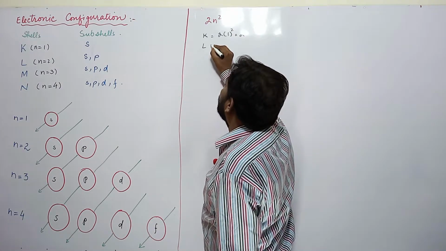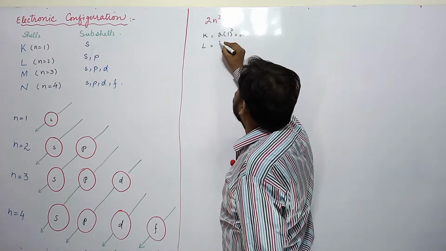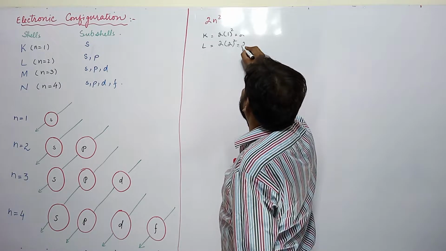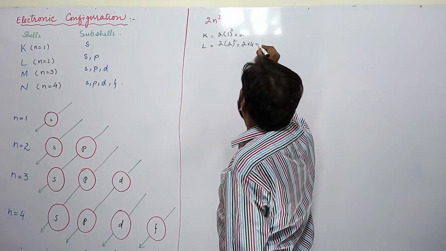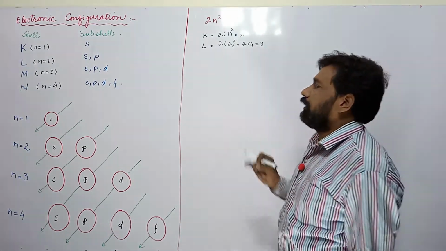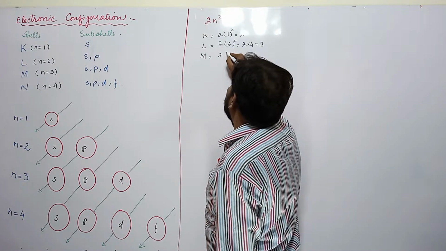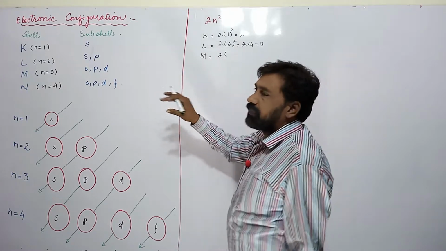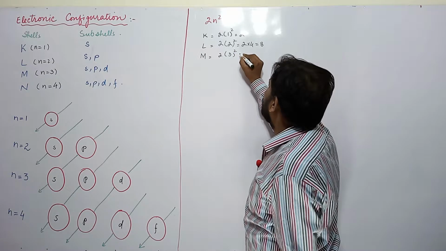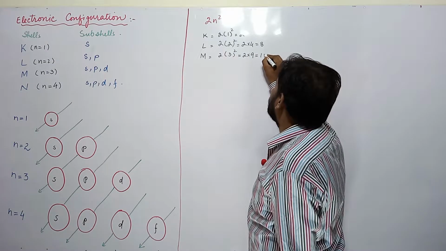In case of L, n is equal to 2. So 2 into 2 square is equal to 2 into 4 is equal to 8. Maximum 8 electrons can be accommodated in L shell. In case of M shell, we know that for M, n is equal to 3. So 2 into 3 square is equal to 2 into 9 is equal to 18.